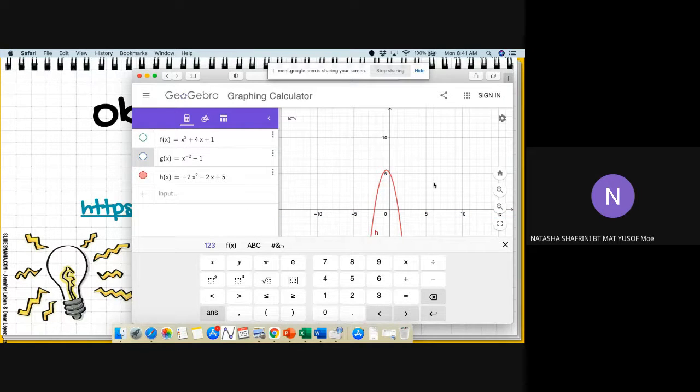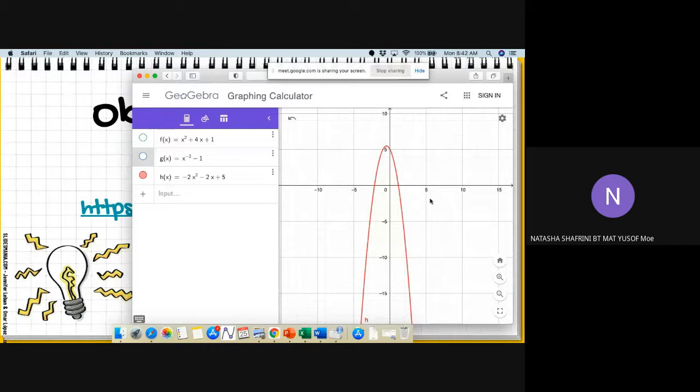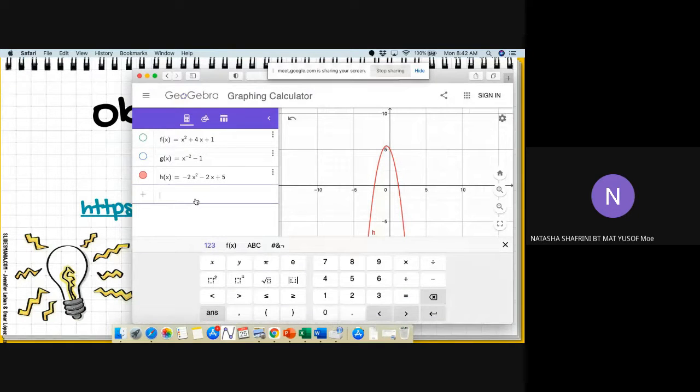Okay, ini untuk you punya graph HX. Okay, negative 2x square minus 2x plus 5. Okay, boleh teruskan? Next.